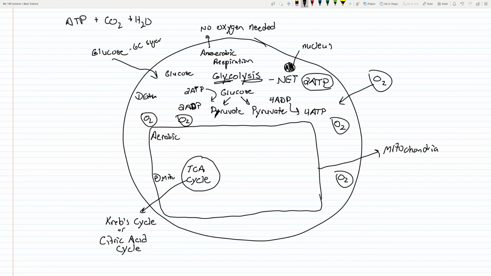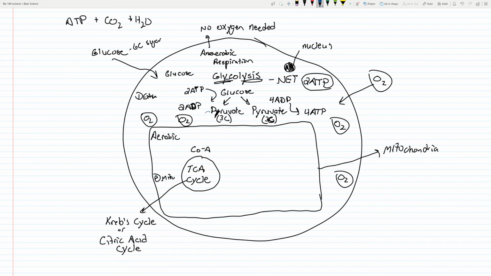So in the presence of oxygen, this pyruvate, which is 3 carbons long, each pyruvate, is going to get attached to this thing called coenzyme A to make acetyl coenzyme A. I'm going to draw this in different colors to show that we're aerobic.